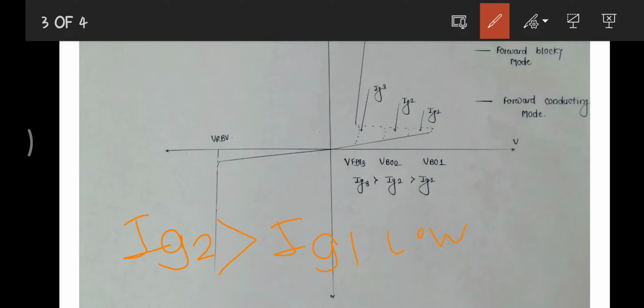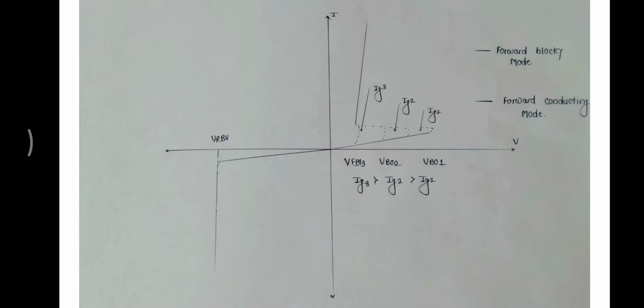Similarly we give IG3, which is greater than IG2. The device conducts depending upon the current. The voltage matters, but we have to give more current, and then the device will conduct earlier.